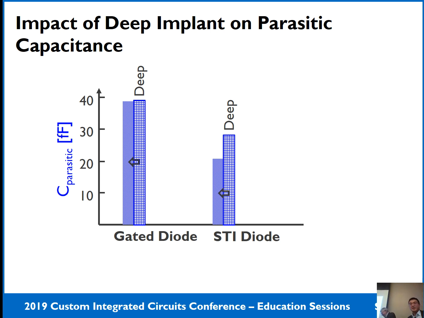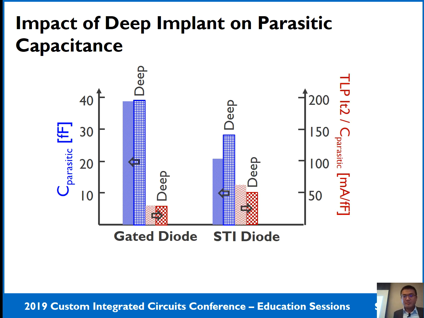No problem. So as I mentioned, the deep implant will bring a significant negative impact on the parasitic capacitance, especially in the STI diode. It will increase the parasitic capacitance by more than 30%. With just a 10% IT2 enhancement but a 30% parasitic capacitance increase, the IT2 per parasitic capacitance actually decreases with this proposed solution.